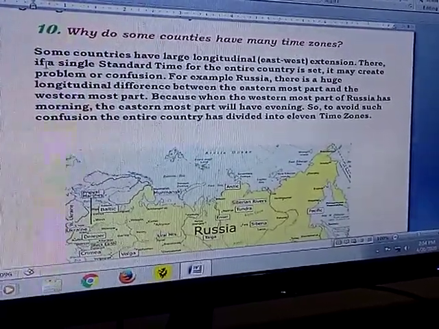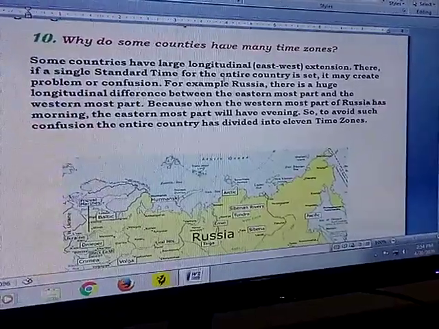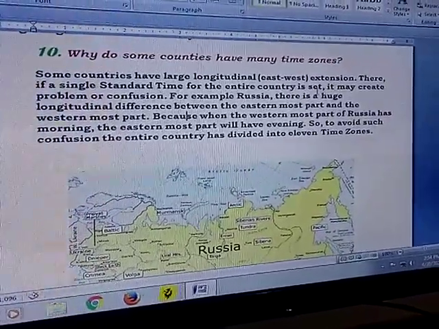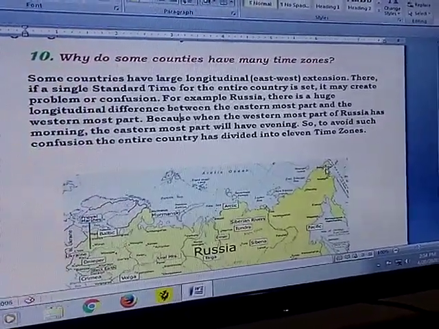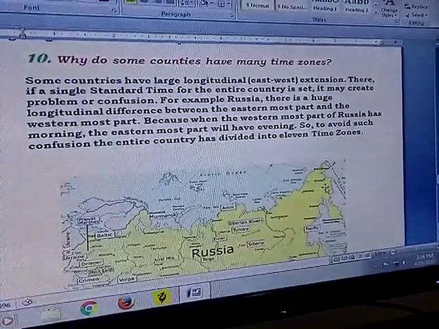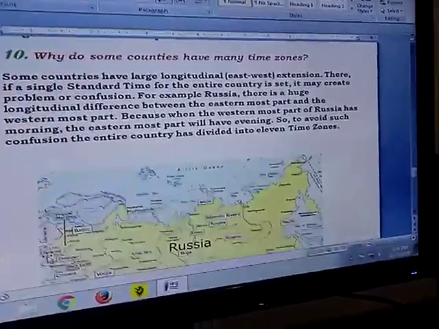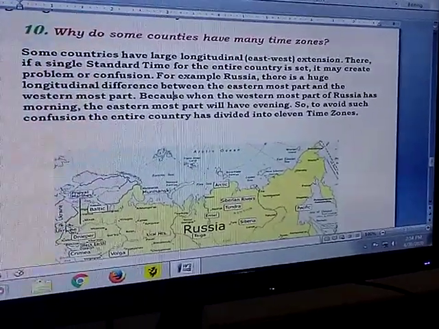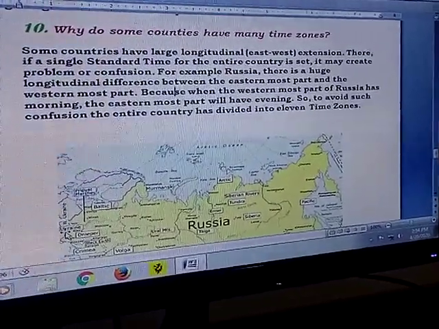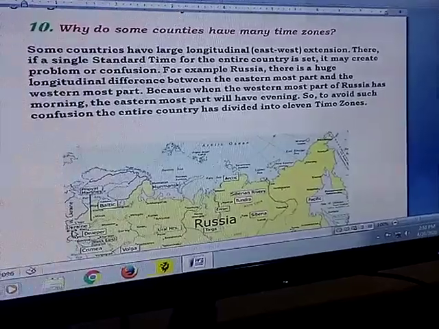If a single standard time for the entire country is set, then in the evening at 6 o'clock somebody is taking coffee, and at the same time somebody around the westernmost part is just getting up from the bed and going for morning jogging.